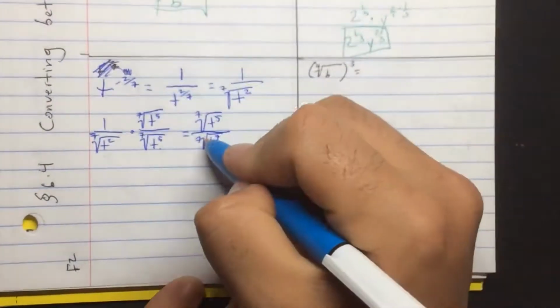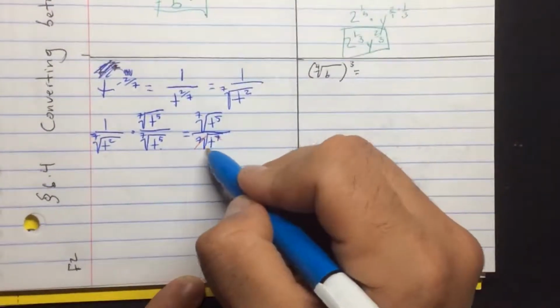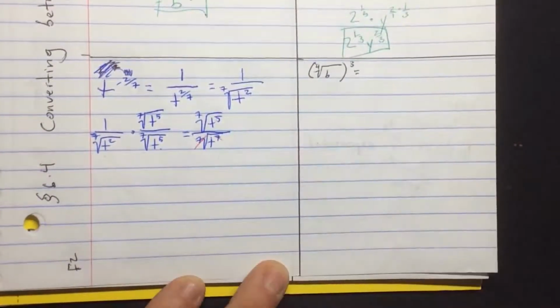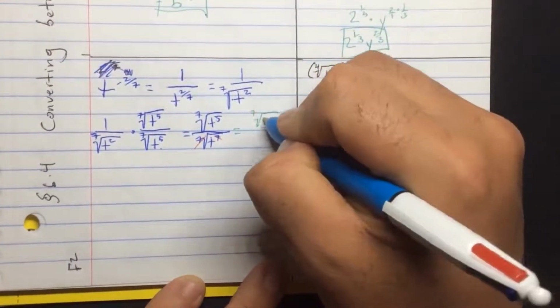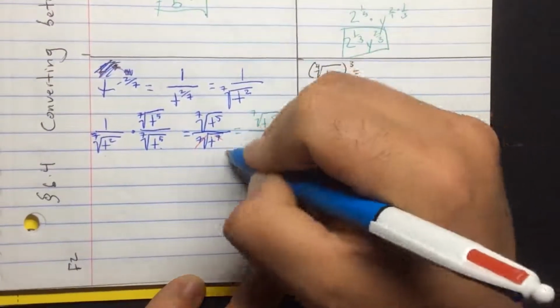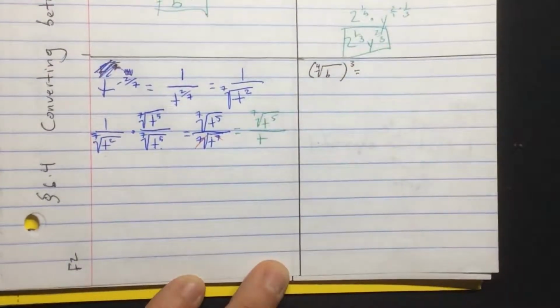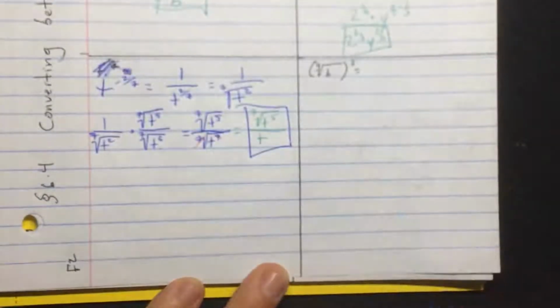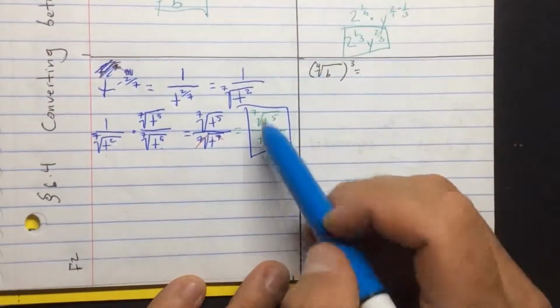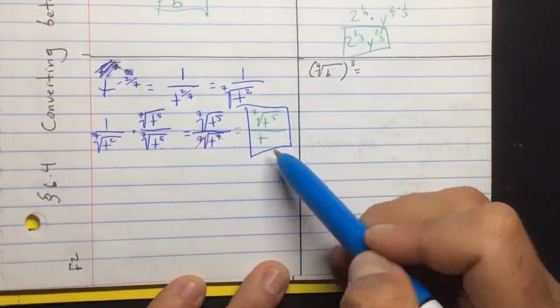This will rationalize the denominator, giving us, in green, the 7th root of t to the 5th divided by just t. And this would be our answer right here. I thought I was going to need more room, but I didn't. So this is it: the 7th root of t to the 5th power over t.